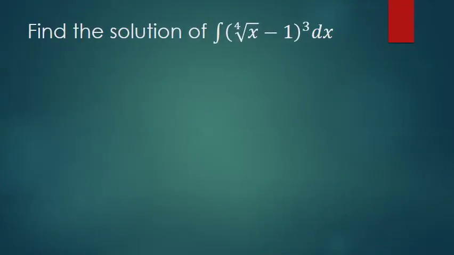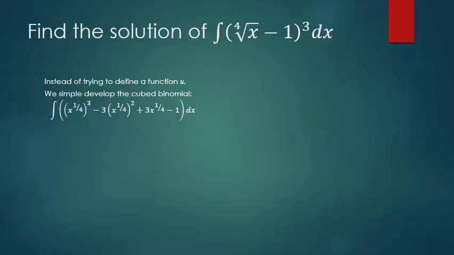Then, how do you find the solution for this integral? Well, instead of trying to define a function u of x, we simply do the math. In this case, we develop the cube binomial. And remember that the cube binomial is equal to the cube of the first minus 3 times the square of the first by the second plus 3 times the first by the square of the second minus the second to the 3.